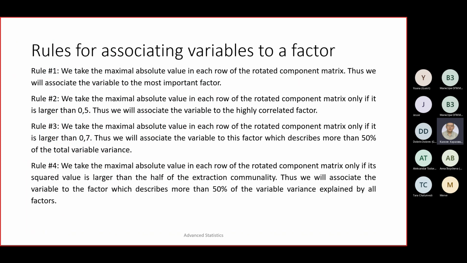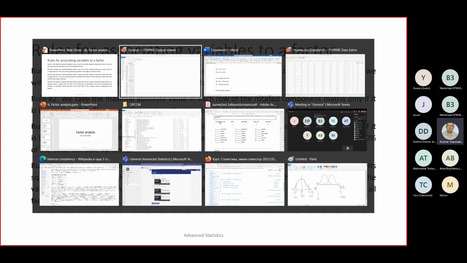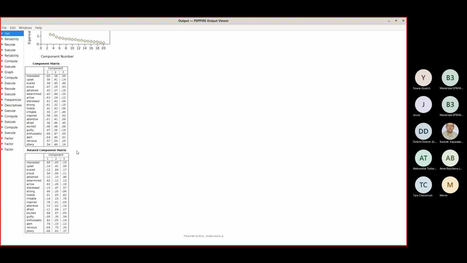Rule number 1. We take the maximum absolute value in each row. Thus, we will associate the variable to the most important factor. Because these coefficients in this matrix are standardized coefficients, since we use correlation matrix, I already said choice of correlation matrix means that we work with standardized values.